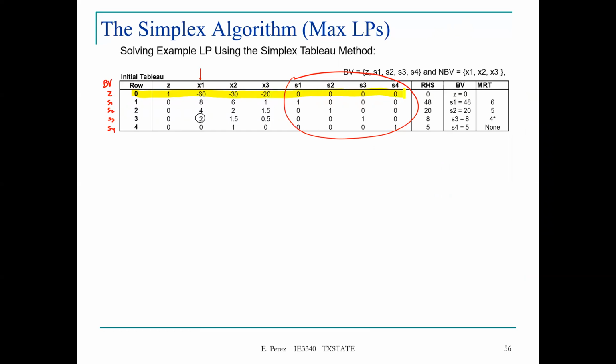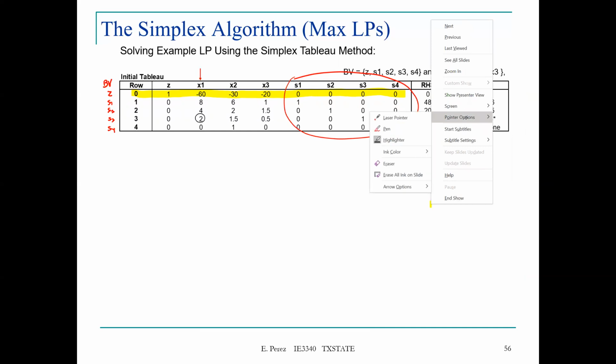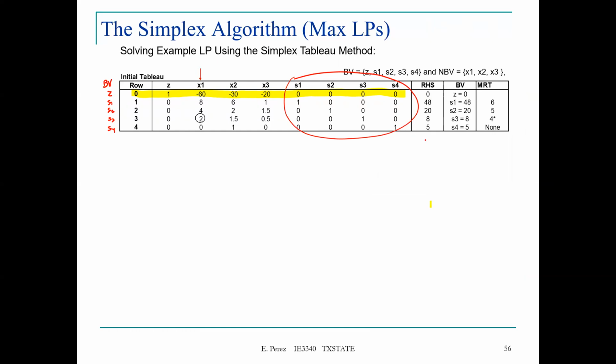Is there any negative coefficient here? Yes. We have 3 negative coefficients: minus 60, minus 30, and minus 20. So which one? I'll choose the one that is the maximum negative coefficient, the largest negative coefficient. So in that case, that will be minus 60. So that tells me that X1 is going to enter.